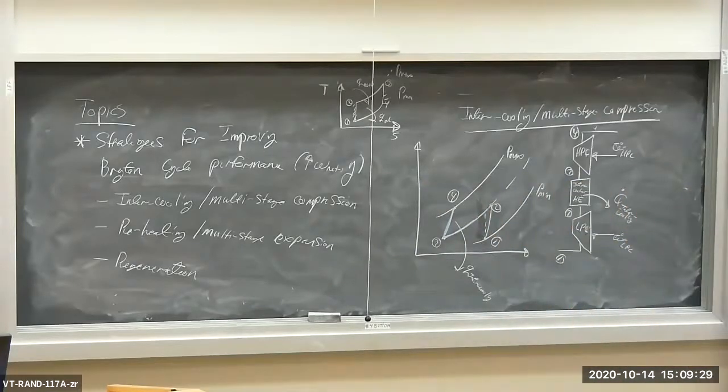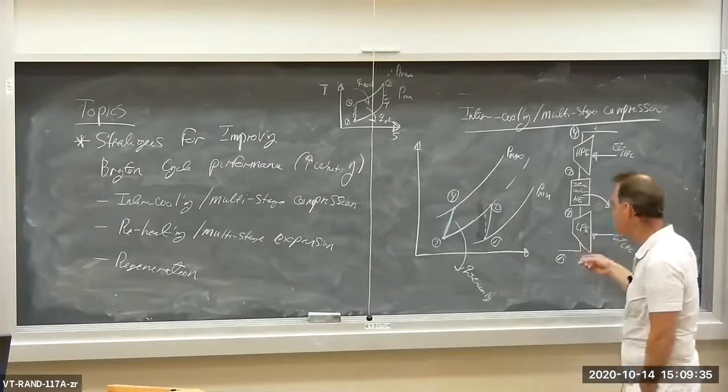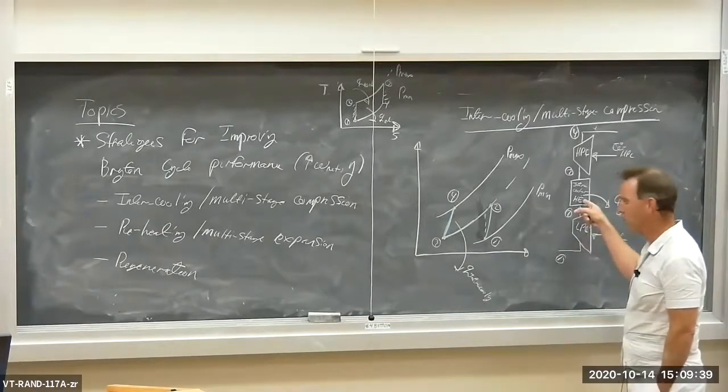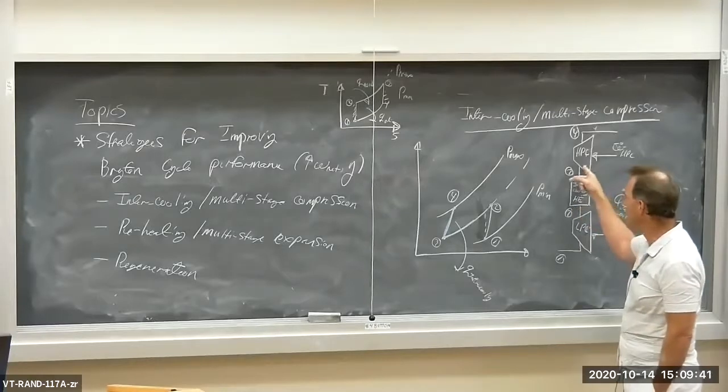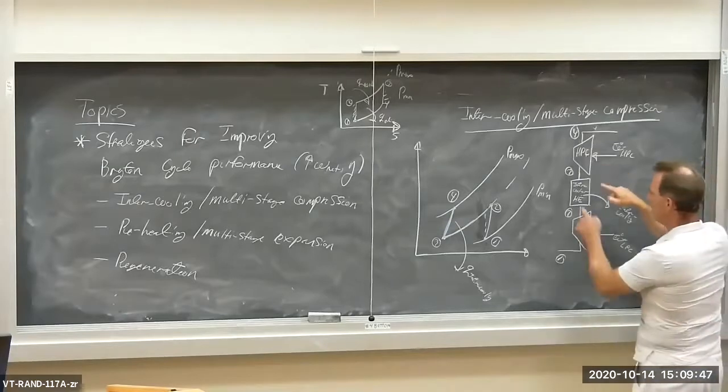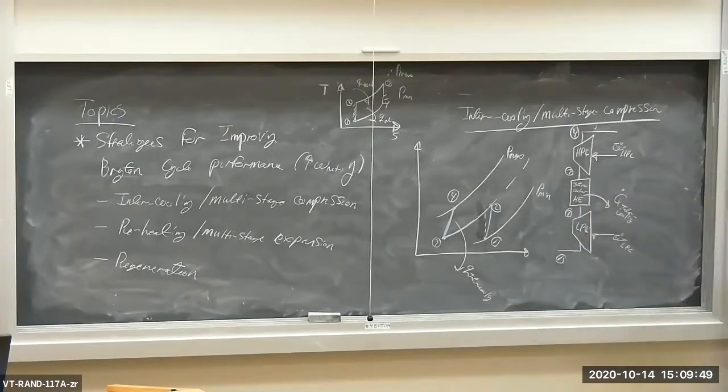Okay? So less specific work, less power to accomplish the compression process if we split it up into a low pressure compression process with an intercooler in between, completed with a high pressure compression process. Two compressors, one heat exchanger called an intercooler in between.